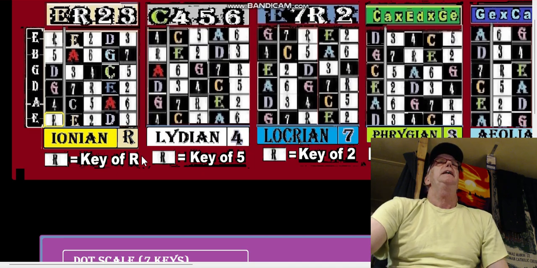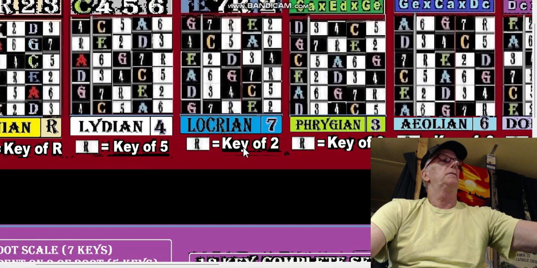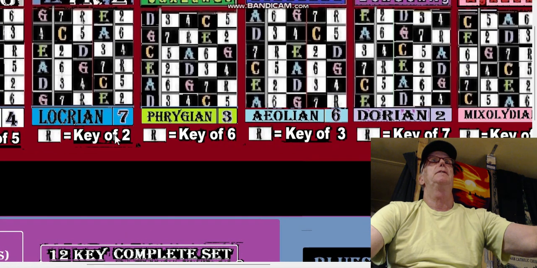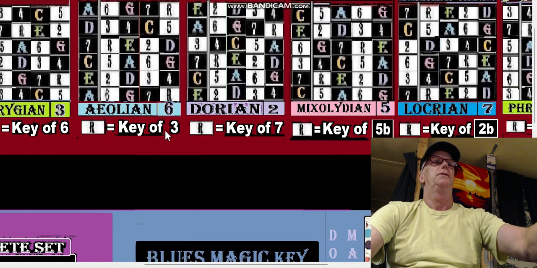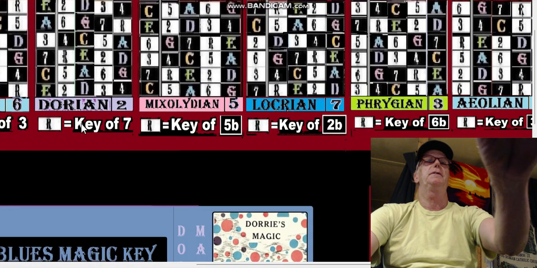So the keys go in fifths. So root goes to 5, perfect fifth goes to the second, 5 goes to 2, so G goes to D in the key of C, right? Then D goes to A, to the 6th, to the 3rd, okay, now to the 7th.